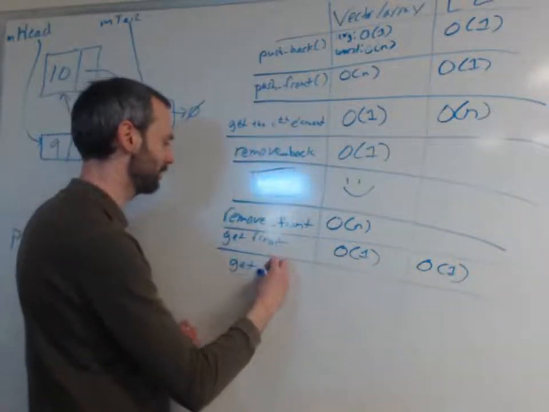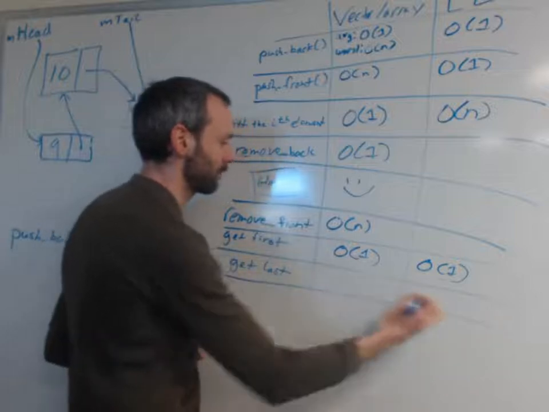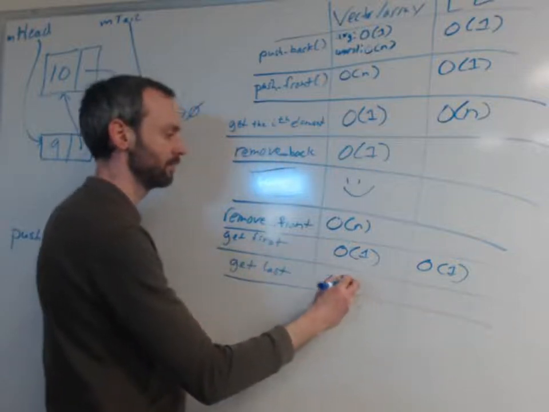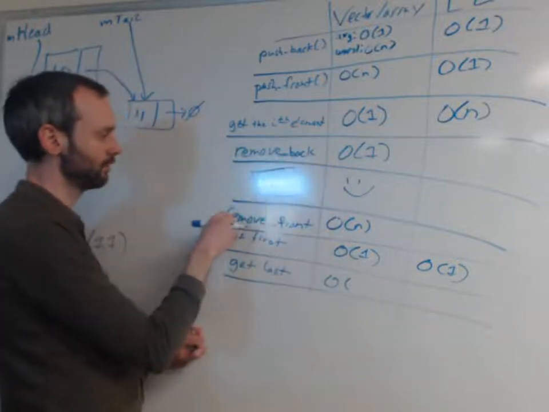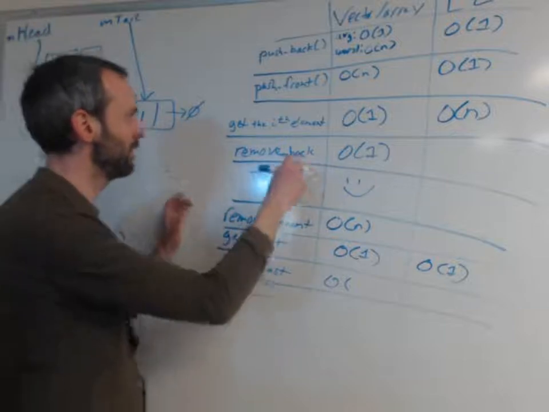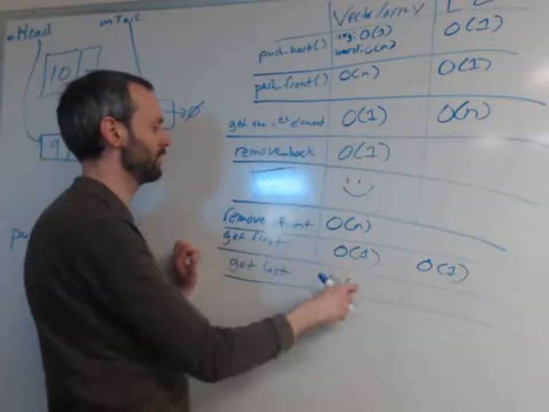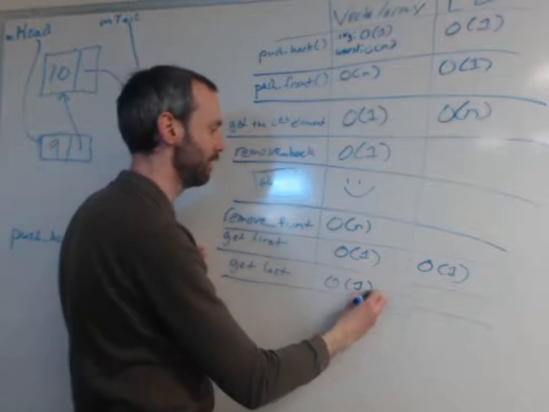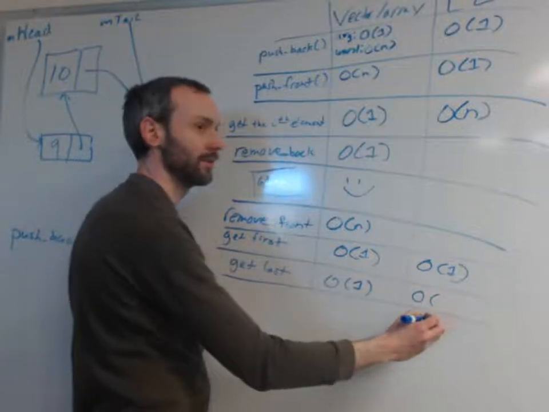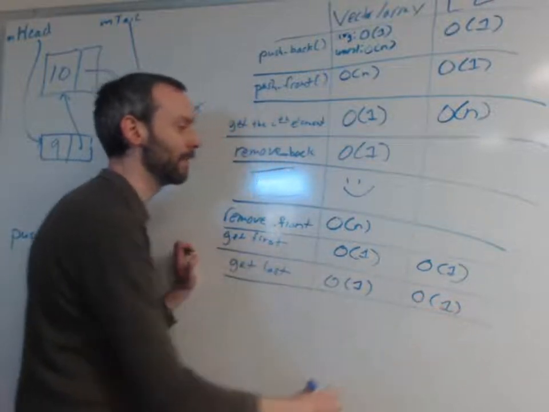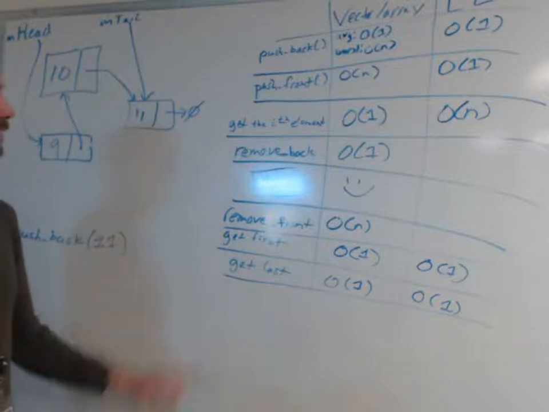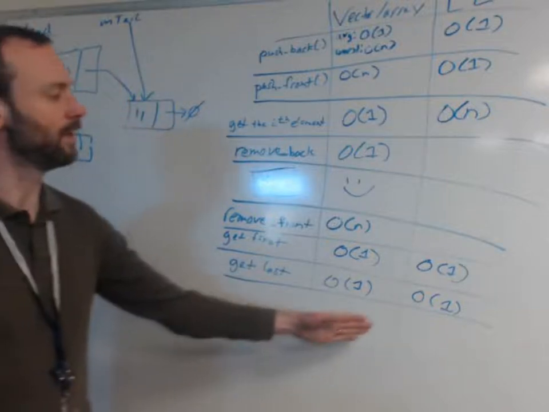How about get last? In an array, O of 1, you just jump right to it. You can get any ith element in O of 1, and the last one is still 1. How about for a linked list? O of 1. Okay. We'll talk about remove later.